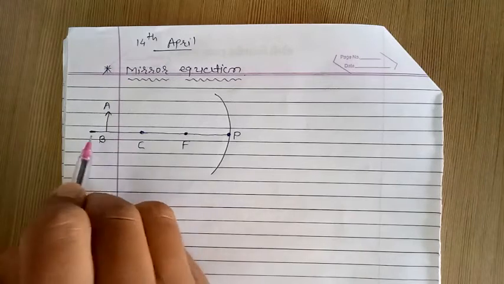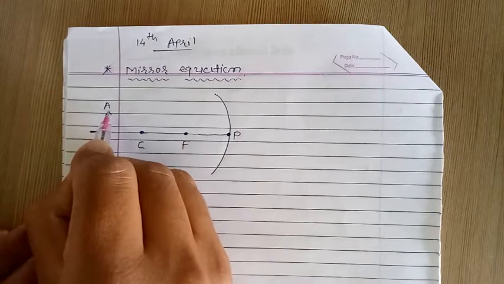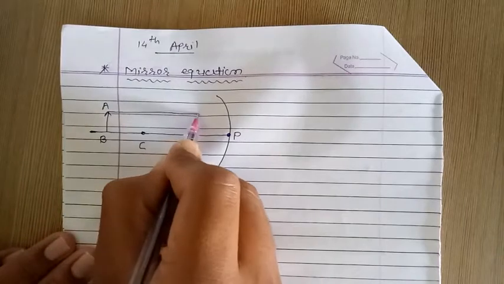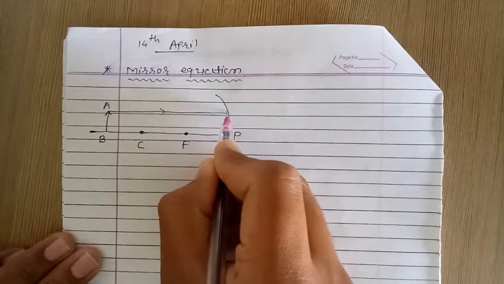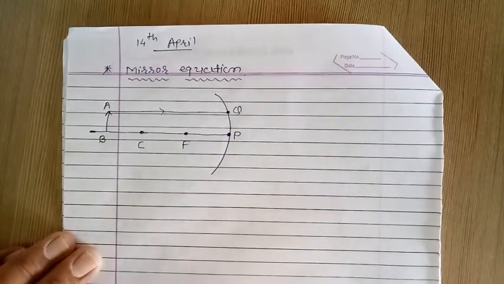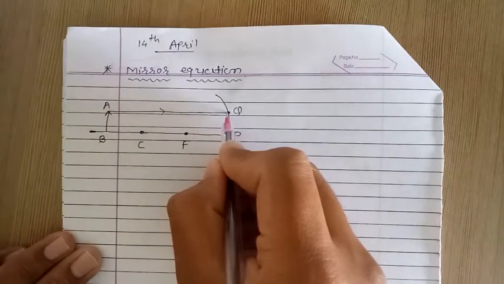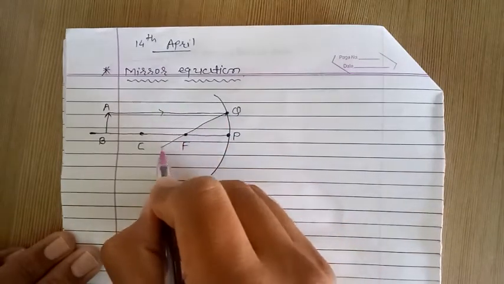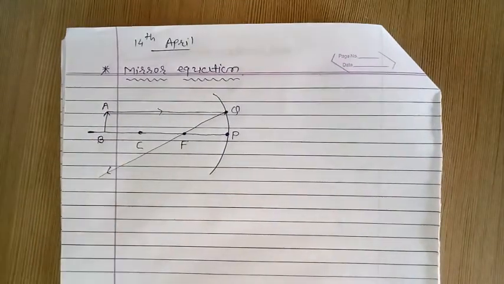The first ray is parallel to the principal axis, like this. This is the first ray, which is parallel to the principal axis and strikes at point Q. After striking at point Q, after the reflection, this ray passes through the principal focus like this, right?